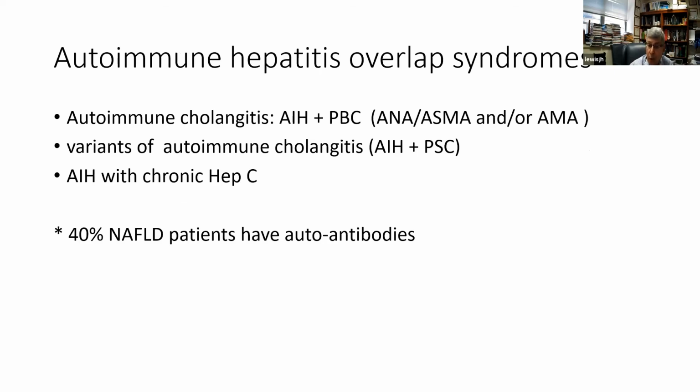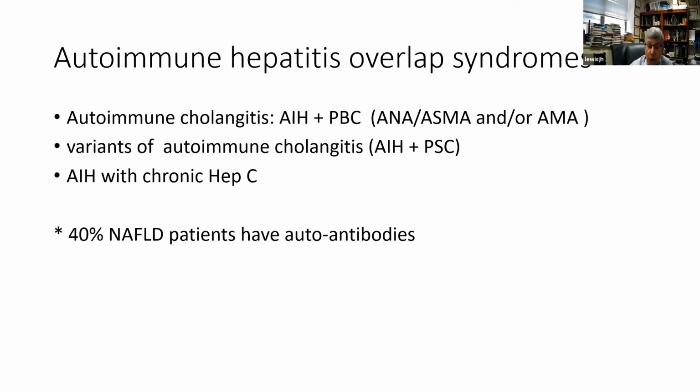There are very important overlap syndromes. Somebody comes in with what we think is PBC, but they also have a positive ANA and an AMA. We think that this might be an overlap of the two syndromes, and it's very commonly seen. It can be an overlap of autoimmune cholangitis as well.